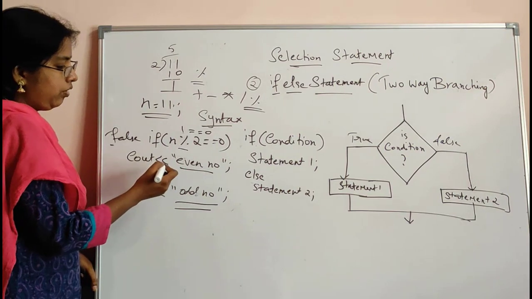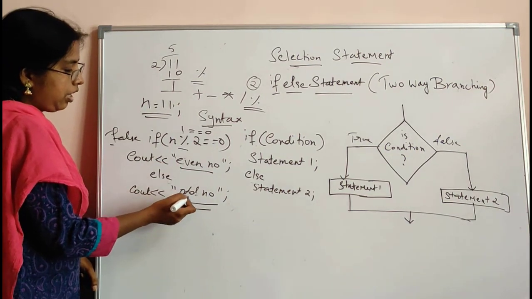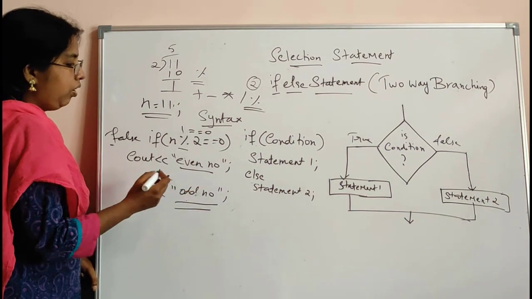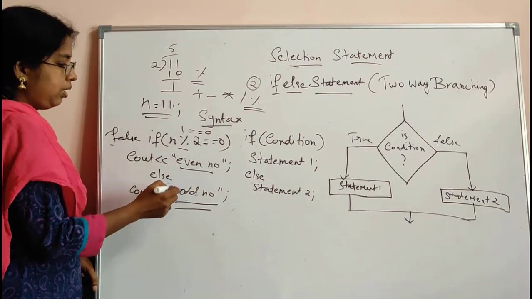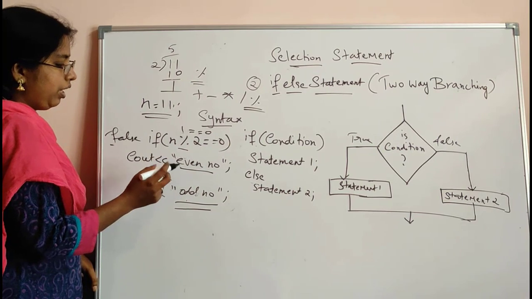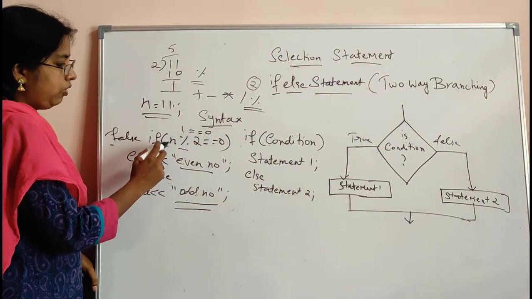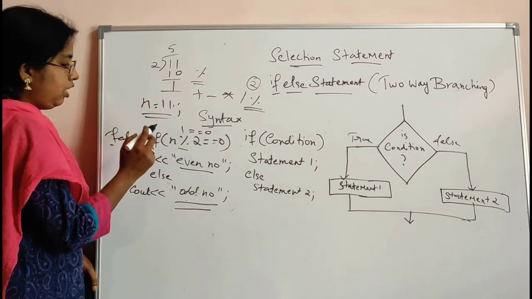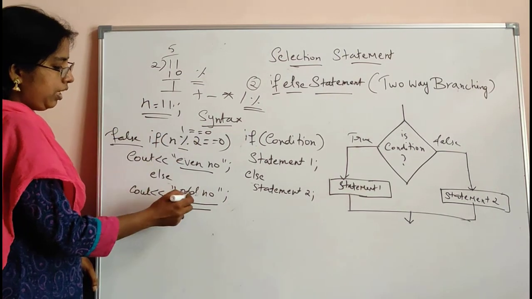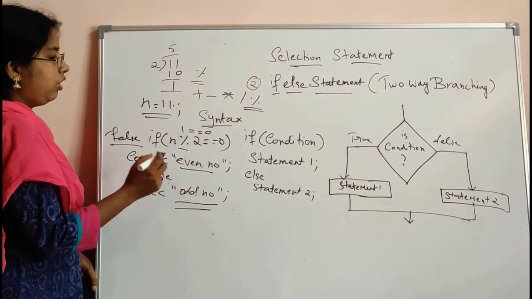It will not execute the first statement. It goes to the else statement, that is odd number, and prints odd number. So either one statement or the other will be executed. Both statements cannot be executed. Only one of the statements will be executed. n modulus 2, that is 1, is equal to 0 is not true, it becomes false. So it goes to the else part and it will execute odd number.